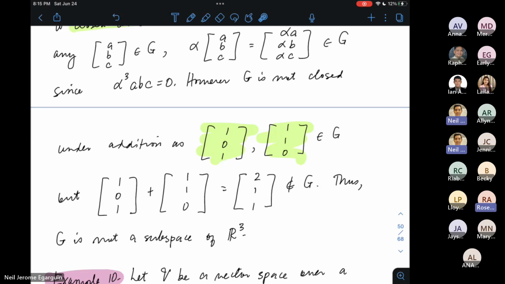Sir, bakit po siya hindi naging close po under addition? Considering na yung answer ay 211. Yeah. Para maging close ka under vector addition, dapat yung sagot after you do the vector addition, dapat nandun sa set G pa rin. Right?